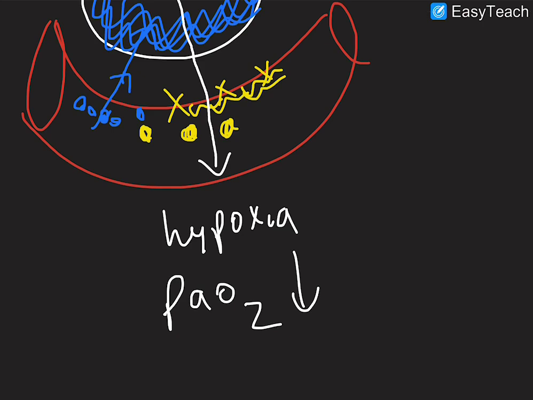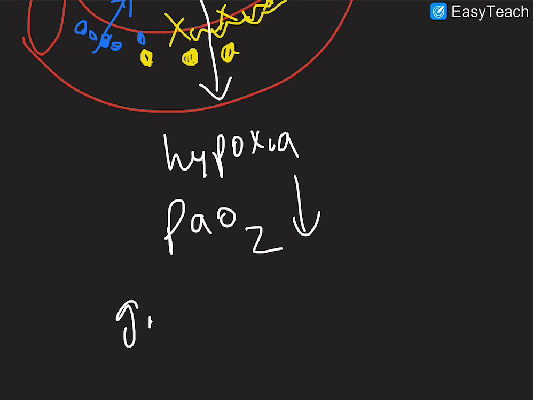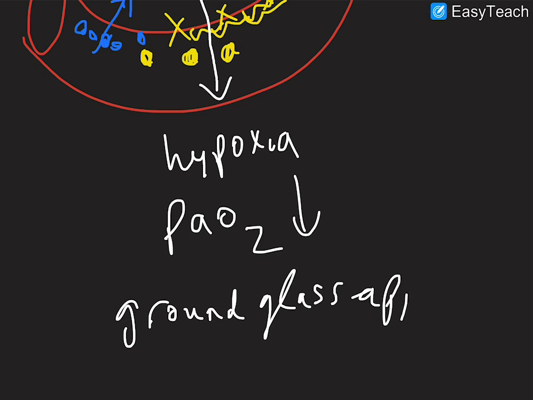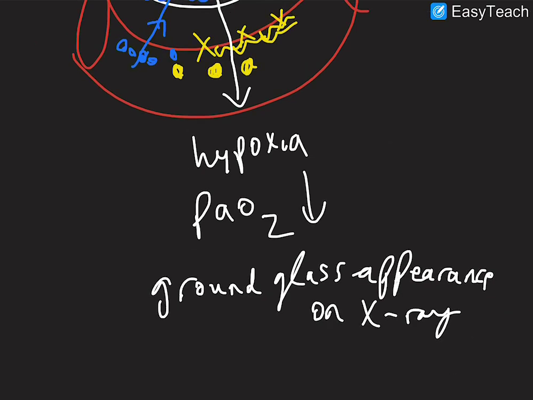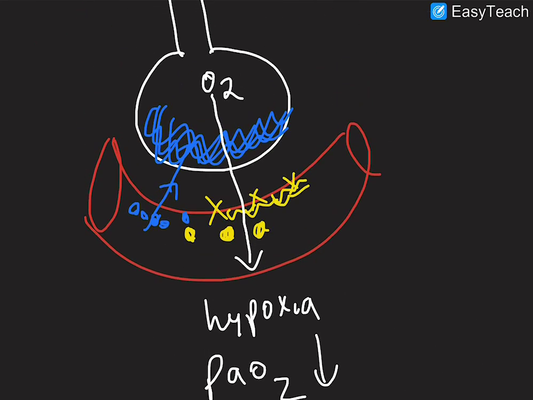And of course, if you did an X-ray, remember what ARDS looks like on an X-ray. Remember that phrase, a ground glass appearance. So you can expect a ground glass appearance when dealing with acute respiratory distress syndrome on X-ray.